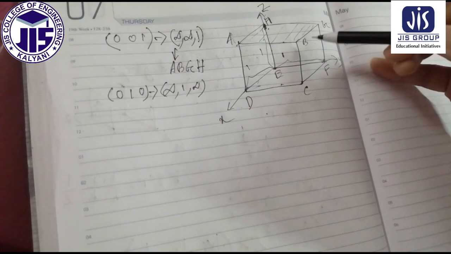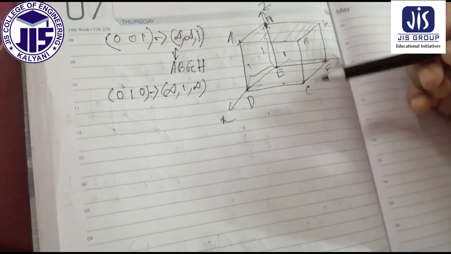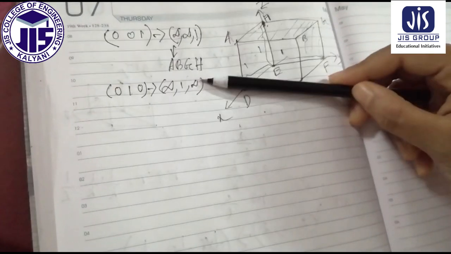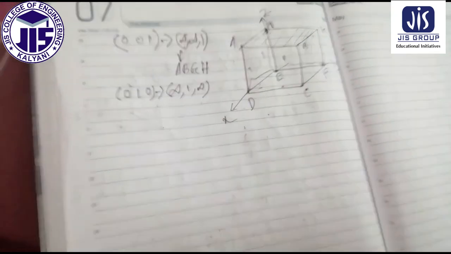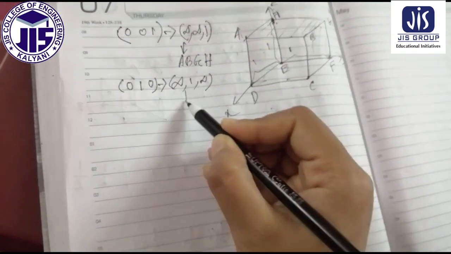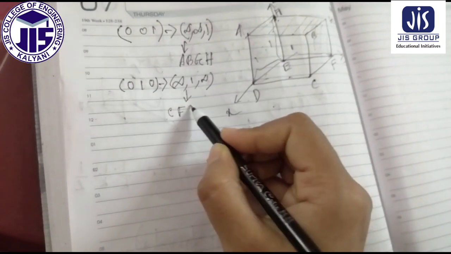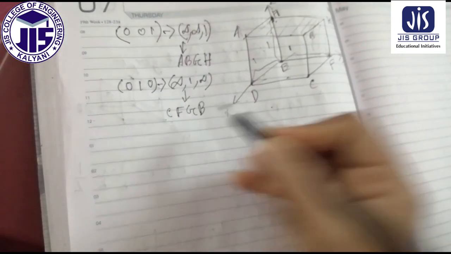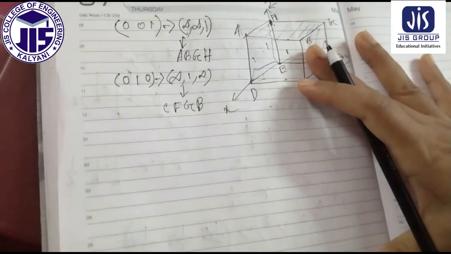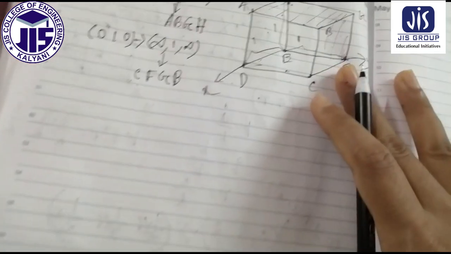So this plane can have the coordinate infinite, 1, infinite. So the answer will be C, F, G, B. C, F, G, B is the answer.